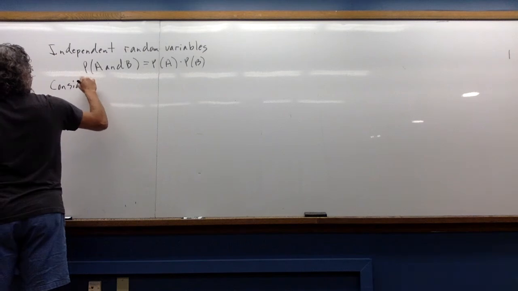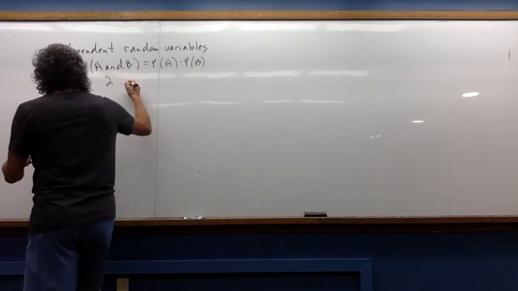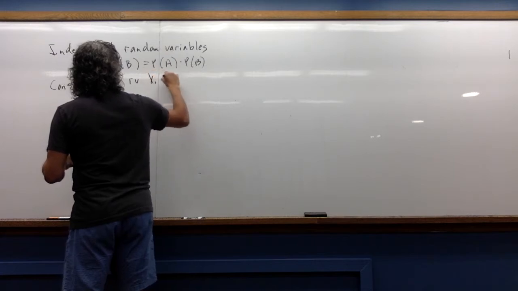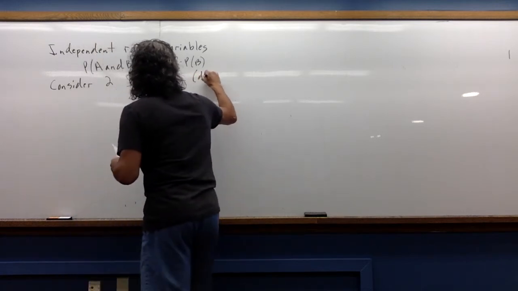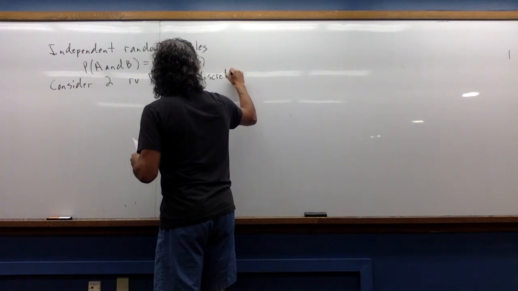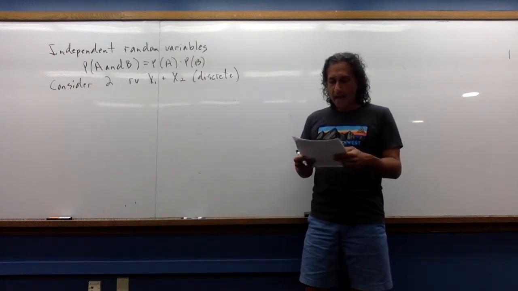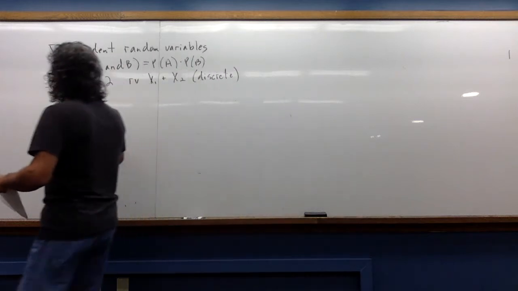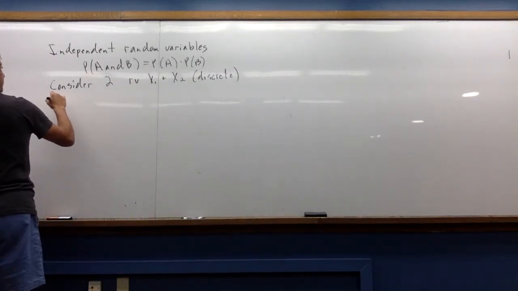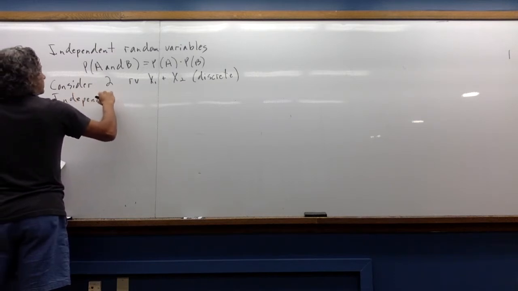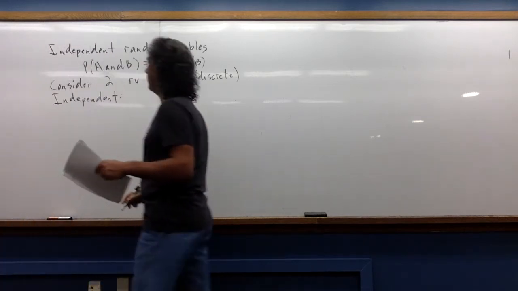All right, so let's now bump this up a notch. Let's consider 2 random variables, x1 and x2. And just to keep things simple, let's assume that these guys are discrete. In this case, if they're independent, we're going to define it in an analogous way.